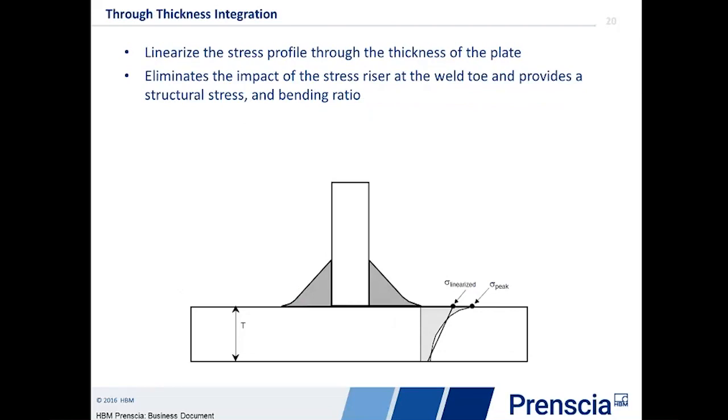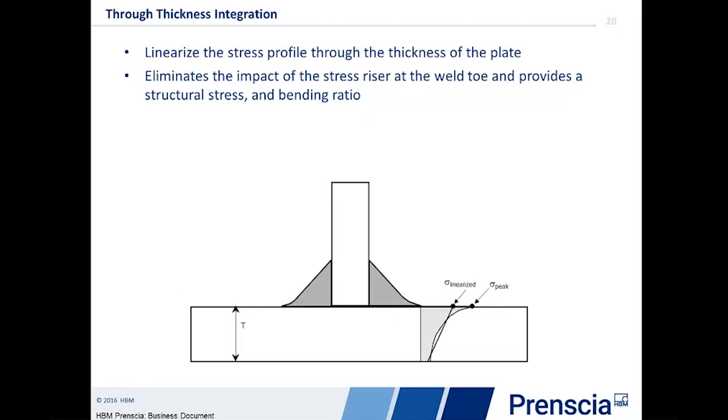The final and fourth approach we're going to look at today is through thickness integration, or linearization of the stresses. Here, we actually have the true stress profile through the thickness at the weld toe, and we use that profile and linearize it.